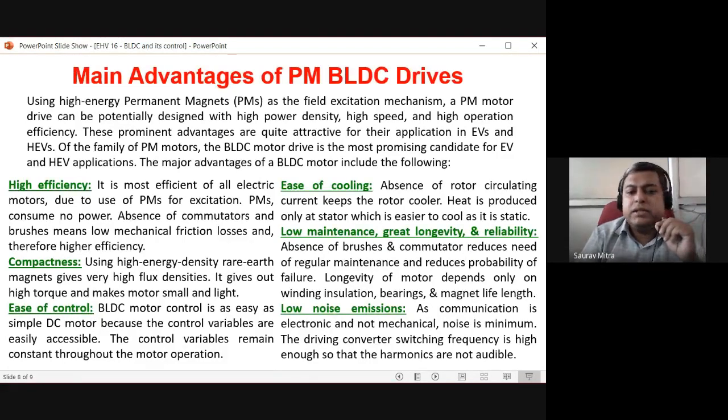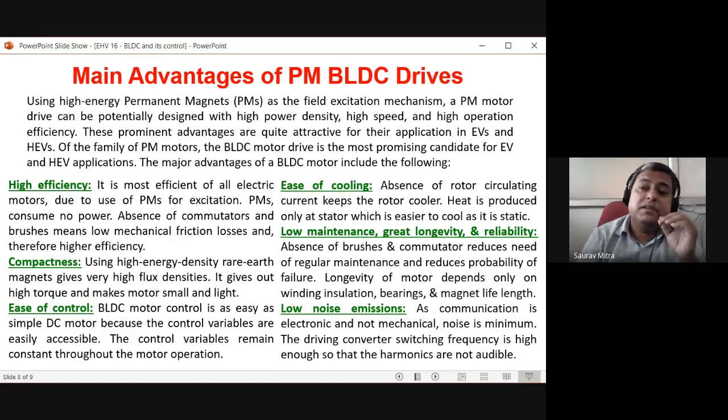Okay, and low noise emission. As commutation is electronic and not mechanical, because in this case communication is happening only from the DSP to the stator controller to the inverter, that's all. That is the only communication. And electrical communication is happening from the supply to the coil. So all the communications are electrical in mode, conductive type, so there is no mechanical communication.